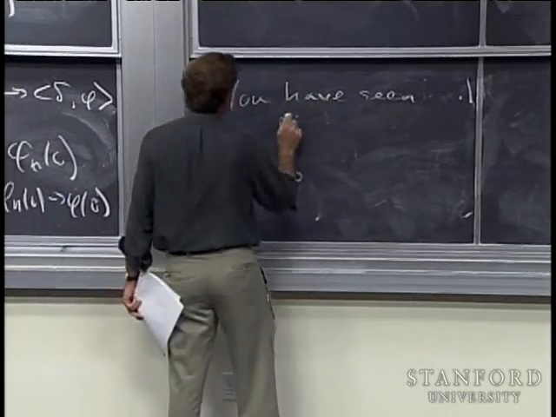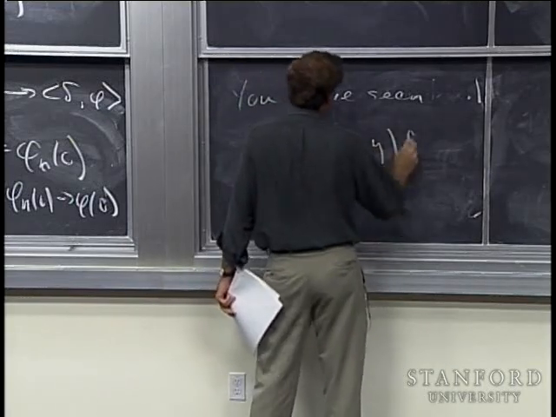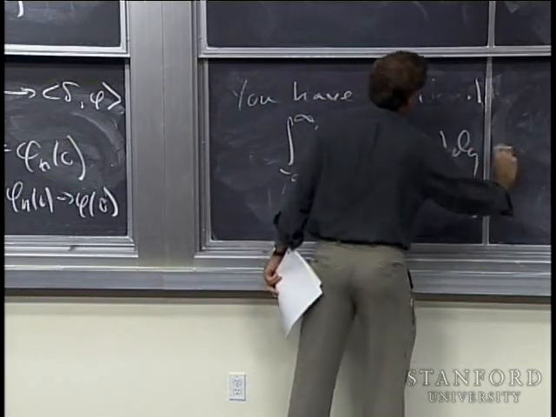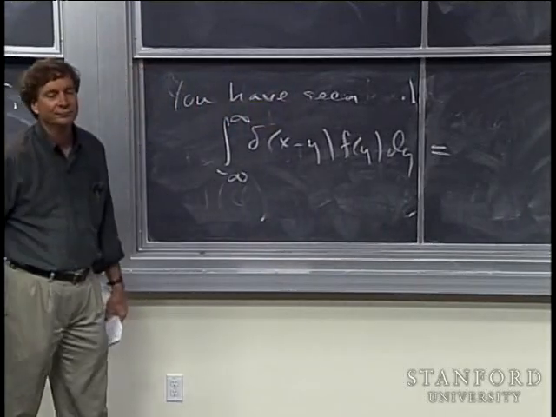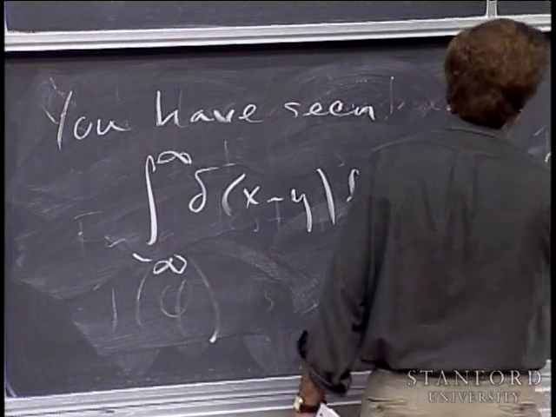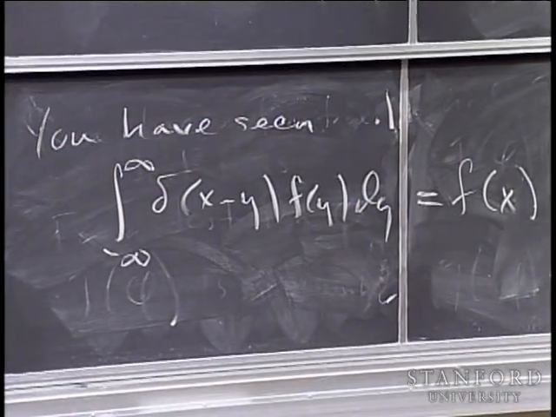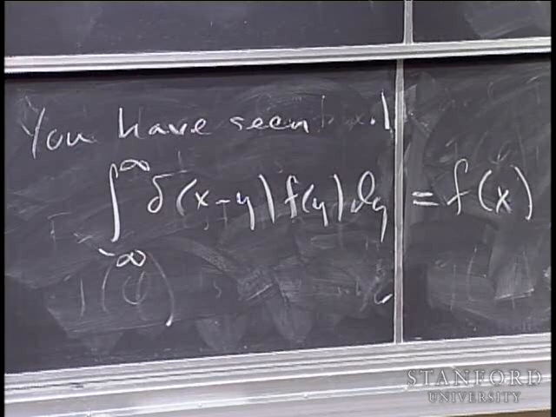The integral from minus infinity to infinity of delta x minus y, f of y, dy is equal to what? F of x. All right? You've probably seen statements that look like that, right? Delta sifts through the values and so on.